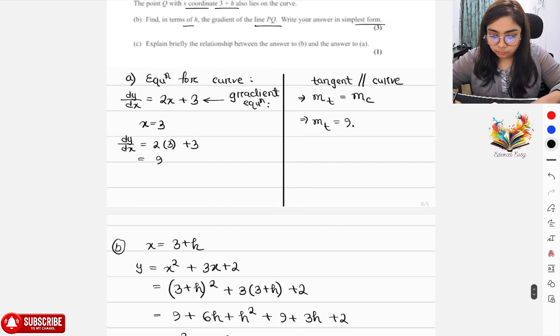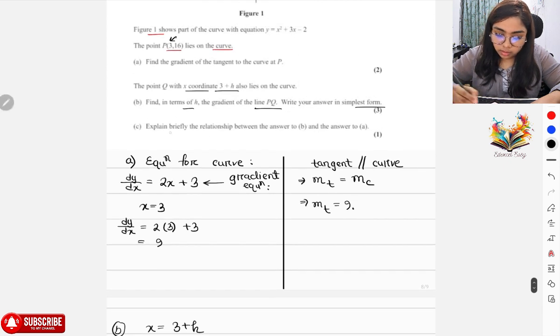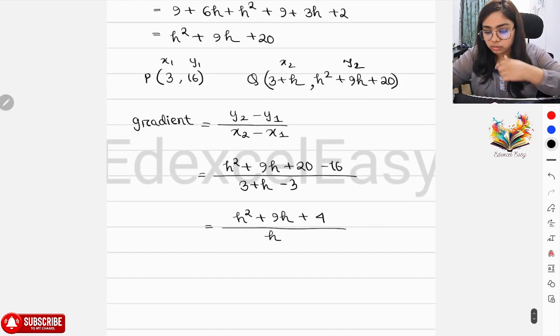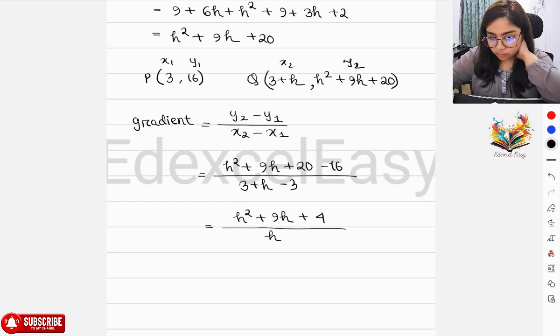Okay, after this, for part C, they want to explain briefly the relationship between your answer B and your answer A. Since there is a relationship, I think there must be something wrong that I did.